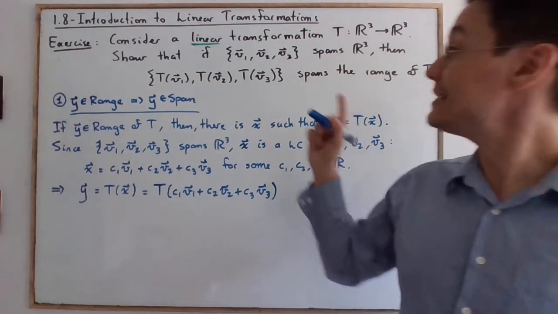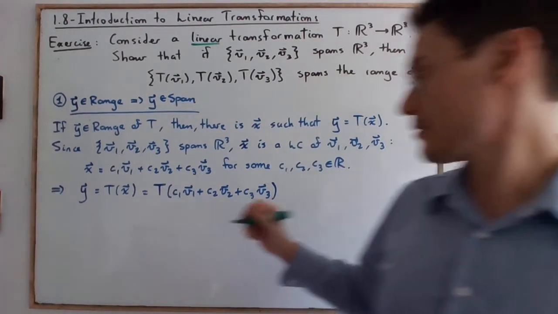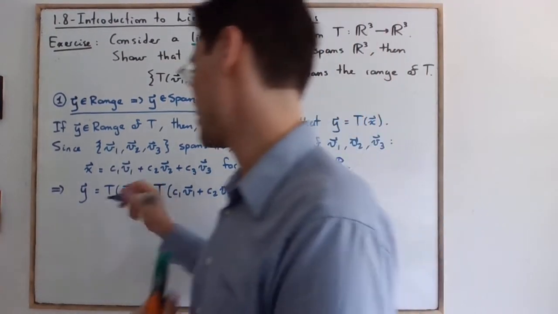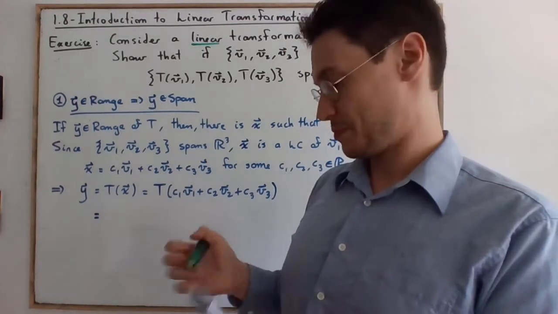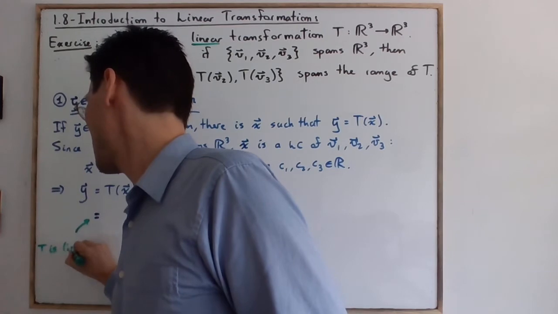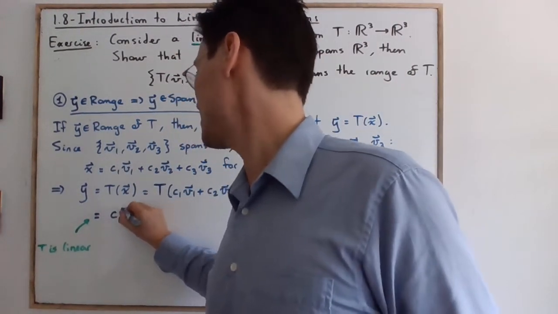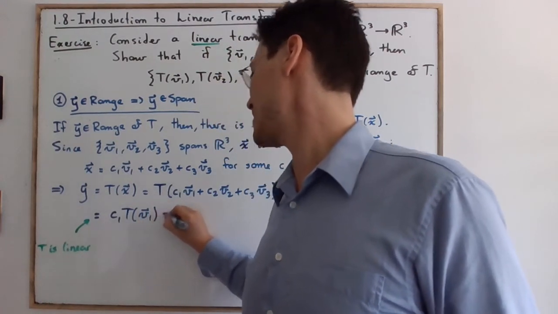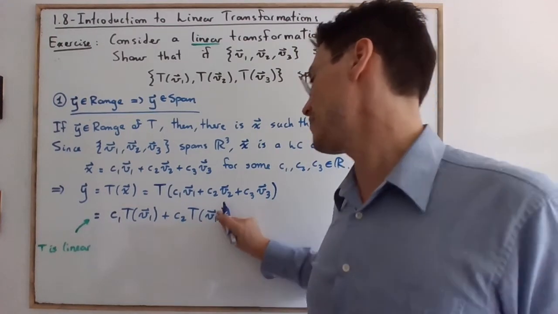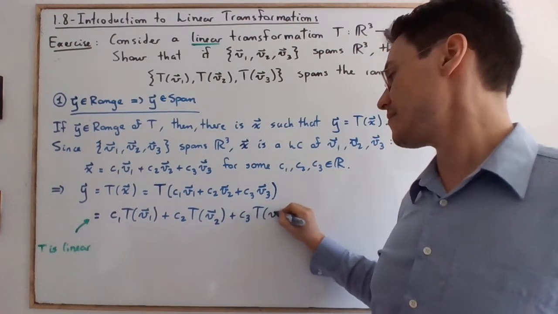We are using the linearity of the transformation. Since we know that T is linear, it means that we can pull out the constants and write the corresponding linear combination of c1 T of v1, c2 T of v2, plus c3 T of v3.